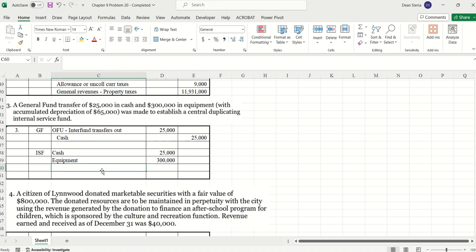And then we're going to hit accumulated depreciation. And that's going to be the 65 that they told us. And then we're going to have other financing sources, interfund transfers in.